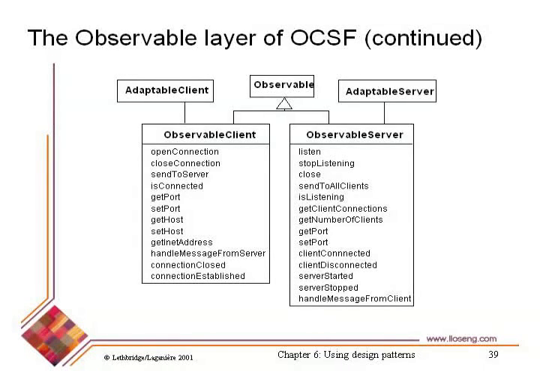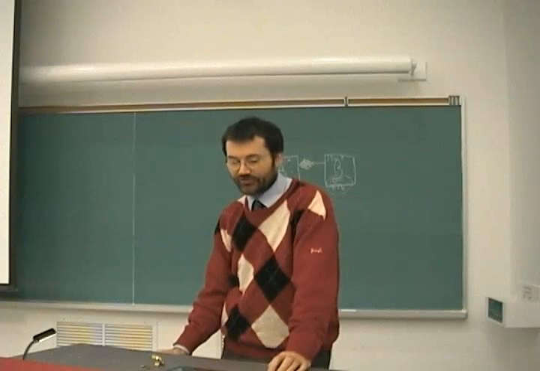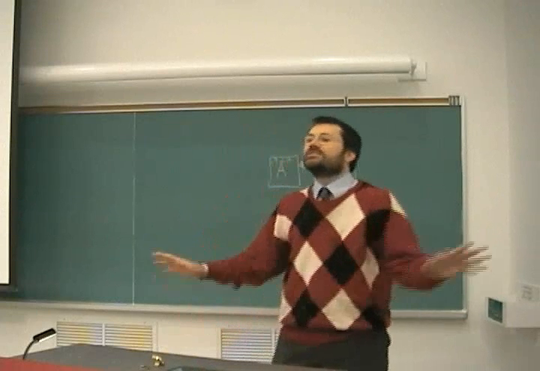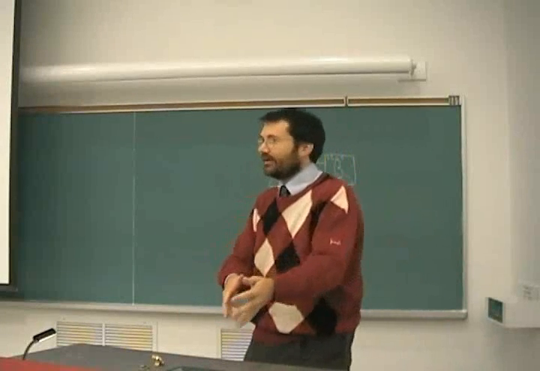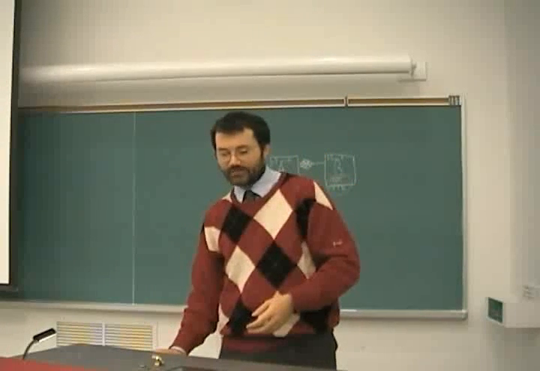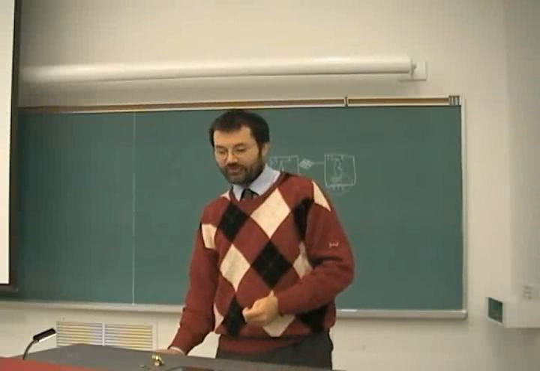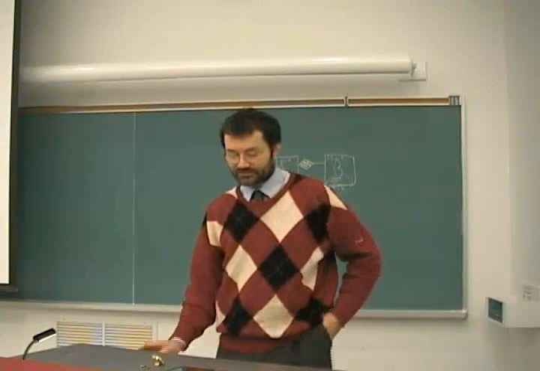I have a whole bunch of stuff in my observable client, and these observable things are going to use my notify all observers, which will notify update, but ultimately the observers will get back instances of the observable object and they can ask these questions. So all these things are doing is delegating. Okay, they're just delegating to the adaptable client. As I said, we have to adapt, so that's why we're doing this delegation.